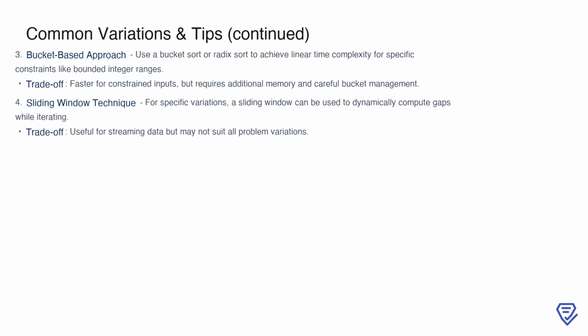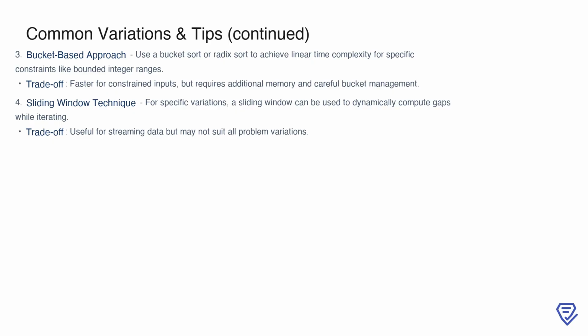For even more optimized solutions under certain constraints, you can consider a bucket-based approach. By using bucket sort or radix sort, you can achieve linear time complexity, assuming the input consists of bounded integers. This approach is particularly useful for constrained inputs, but it does require extra memory and careful bucket management to ensure correctness.